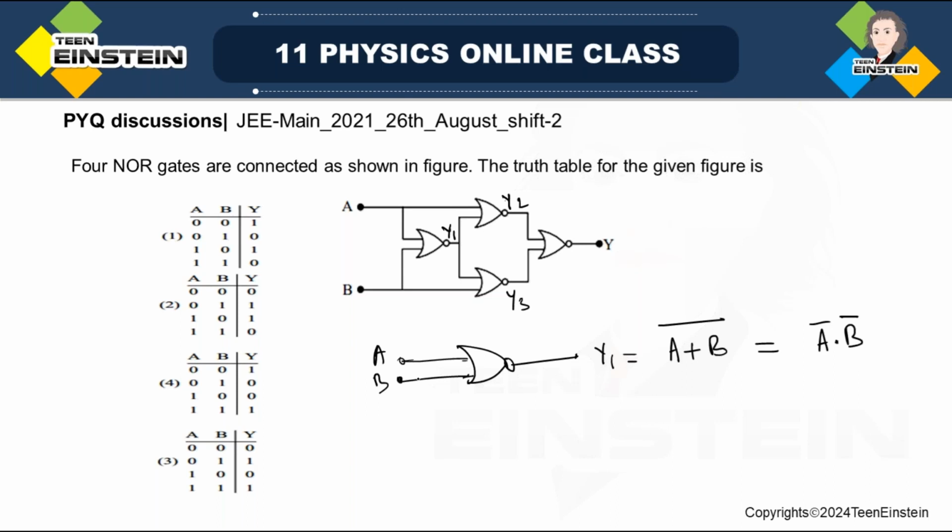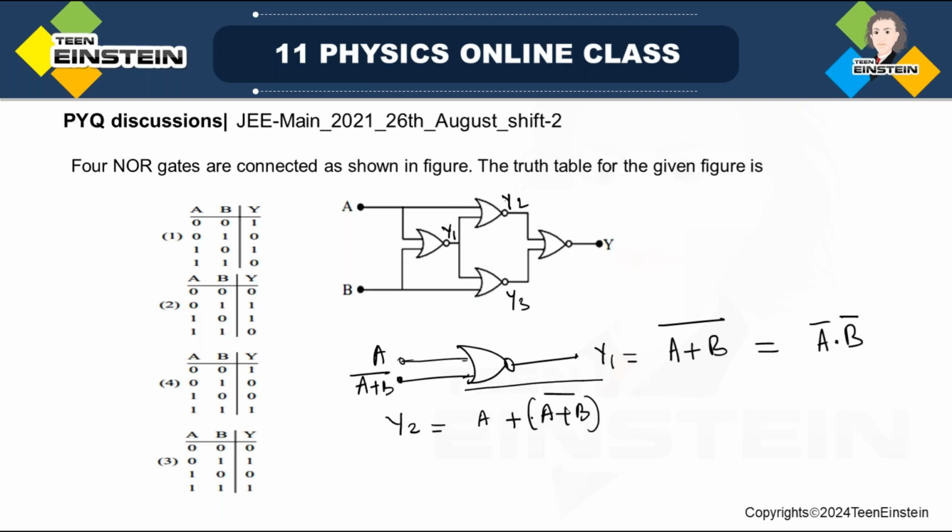Now look, in case of Y2, B is here, A or B whole bar. Let us write down Y2. So Y2 will be A or B whole bar, and bar of the whole thing.